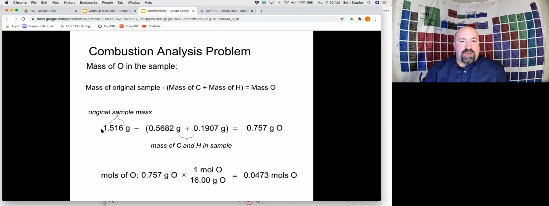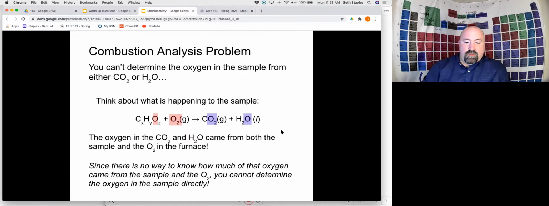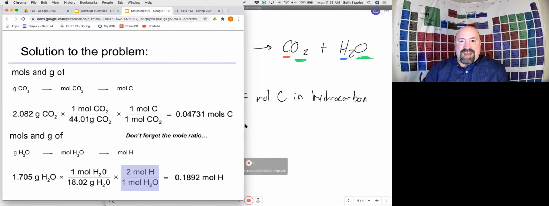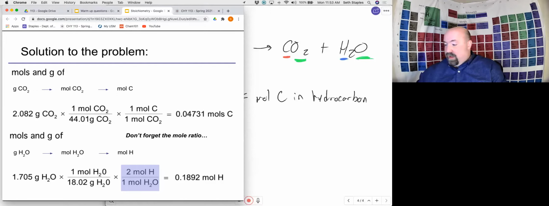And so what we're doing here, this is our mass of our original sample, 1.516 grams. This is the mass of our carbon and our hydrogen in that sample. And all we did to find those was we simply used the moles of carbon here and the moles of hydrogen here. So those are the moles of carbon and hydrogen that had to have been present in our initial sample, and we just converted those over to grams.